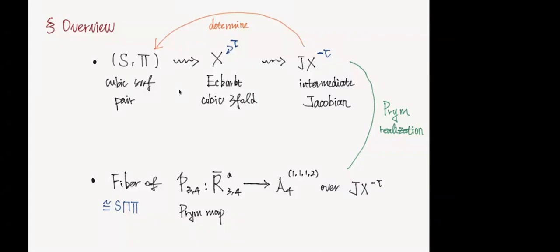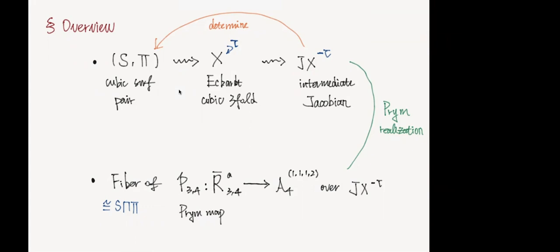Our first result is that this anti-invariant part of the intermediate Jacobian determines this cubic surface pair. That's a Torelli theorem. The key ingredient for proving this is that we realize this anti-invariant part, J(X)^{-tau}, can be realized as a Prym, and later I will explain.